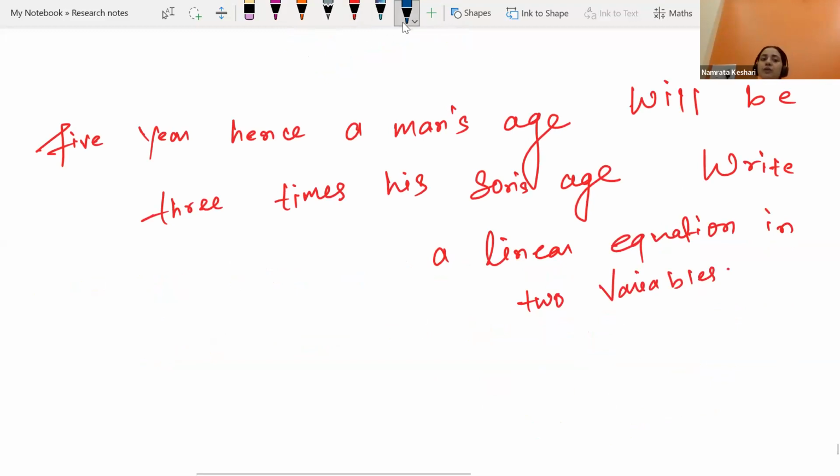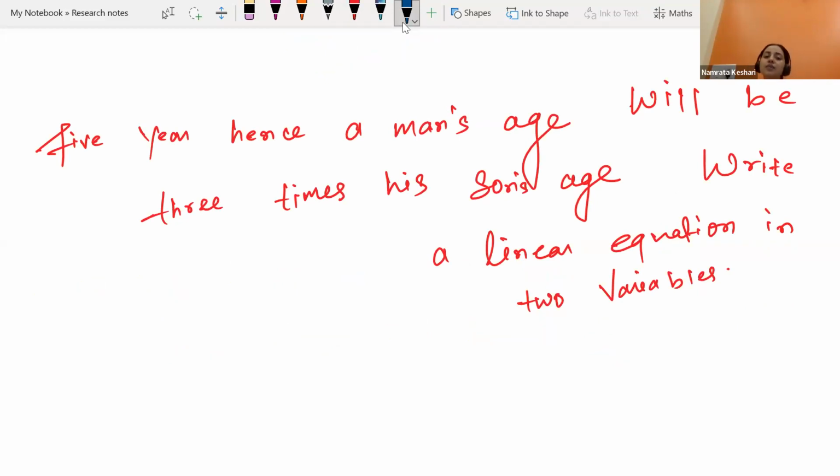So what we will do here: 5 years hence a man's age will be three times his son's age. Whenever an age related question is there, you always start your assumption with the present age.